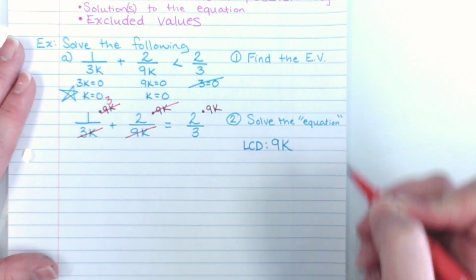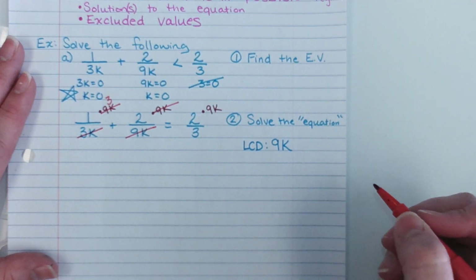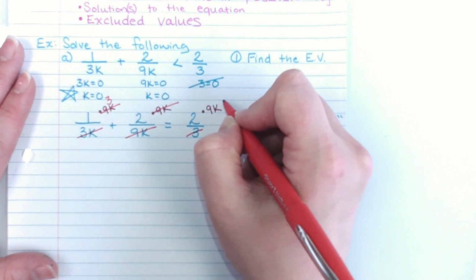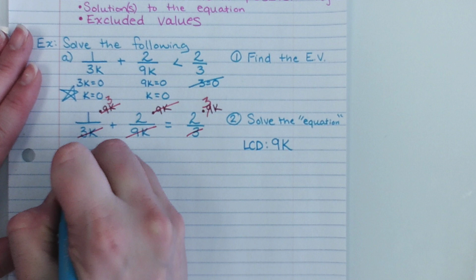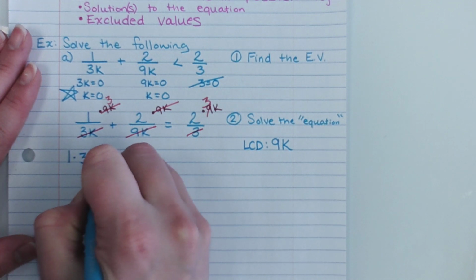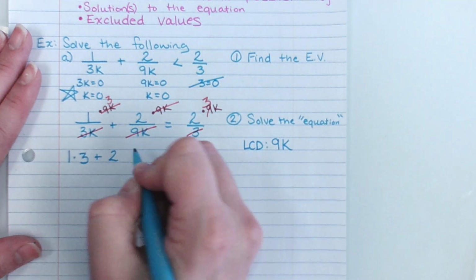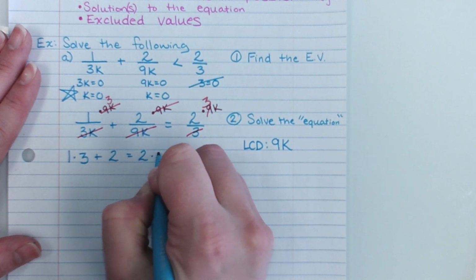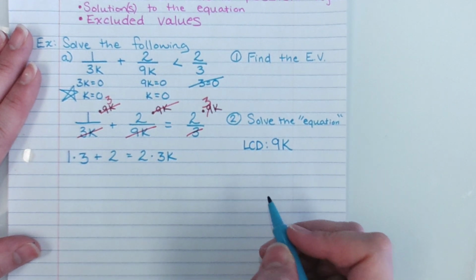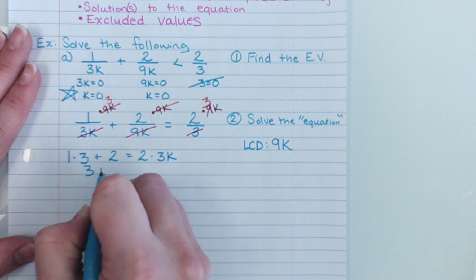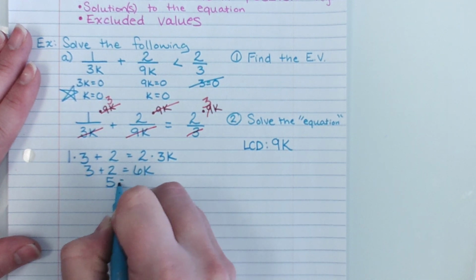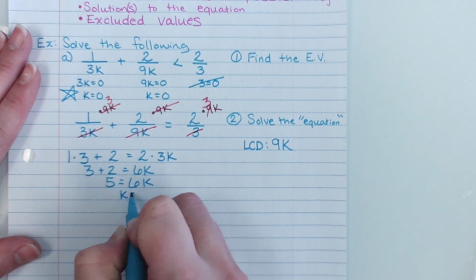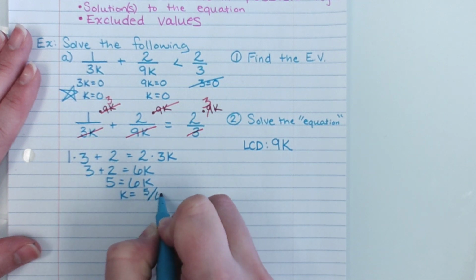The 9K and the 9K simplify to nothing. The 3 and the 9K simplify to 3K. So I'm left with the 1 times the 3 plus the 2 times the nothing equals the 2 times the 3K. That's 3. That's 6K. 5 equals 6K. K is 5/6.